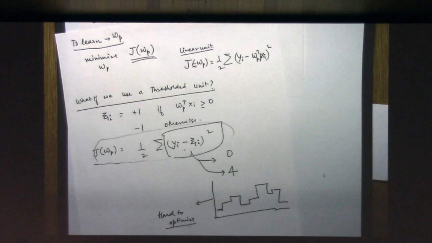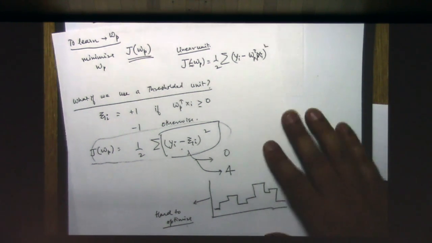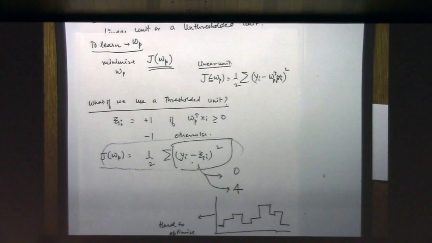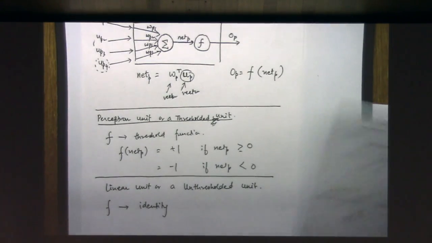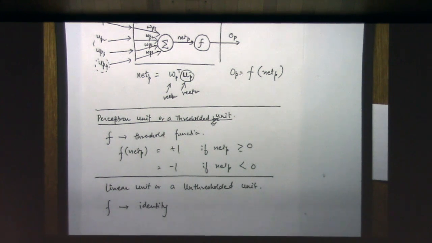Yes, go ahead. You said that you've been introduced to two types of units, a perceptron and a linear unit. Which one is used for gradient descent? As I said, the unit that we use for gradient descent is a linear unit, because there the output is just W transpose X. The output of this linear unit, O_p, is actually W_p transpose x, or u_p.